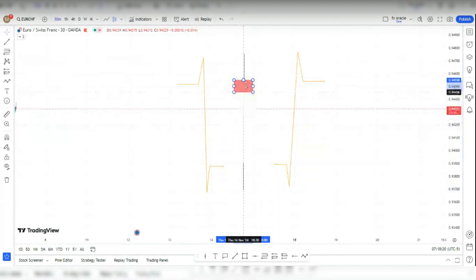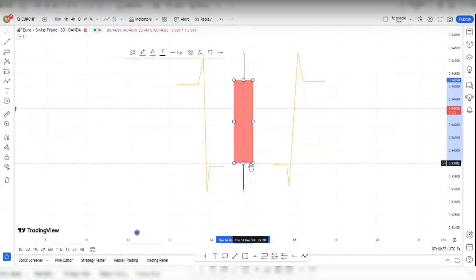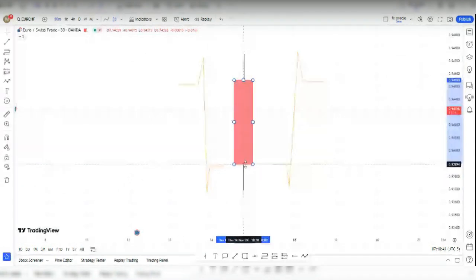Let's say this is a 1 hour time frame. Once the 1 hour is over, what happens? It closed there. It maybe pulls down a little bit, then pulls back up and closes at, let's say, that level. Once it closes, it simply means that this candle is a bearish candle.